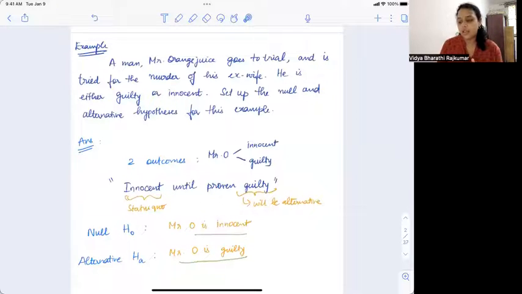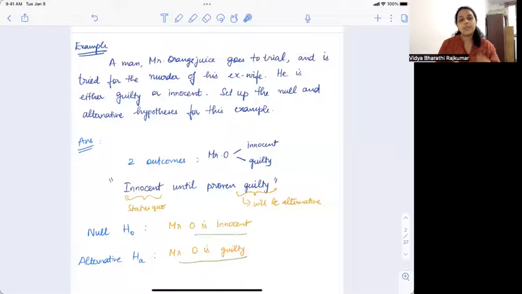And therefore, the null will be that Mr. O is innocent. And the alternative will be the opposite of this, where we say Mr. O is guilty. So essentially, we're defining the alternative in such a way that we're going to go and look for evidence to suggest if the alternative is to be believed in and the null is to be considered false. So that will typically be the way in which we approach hypothesis testing.